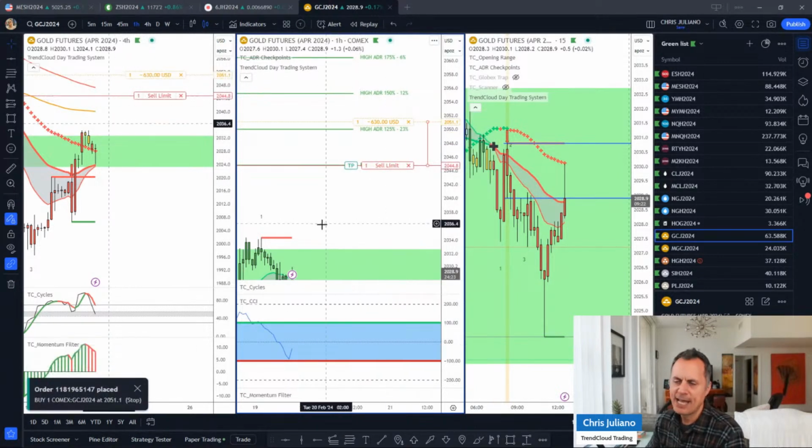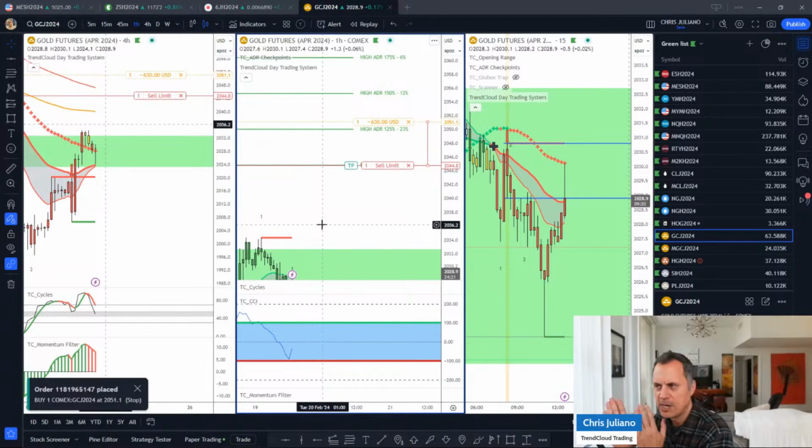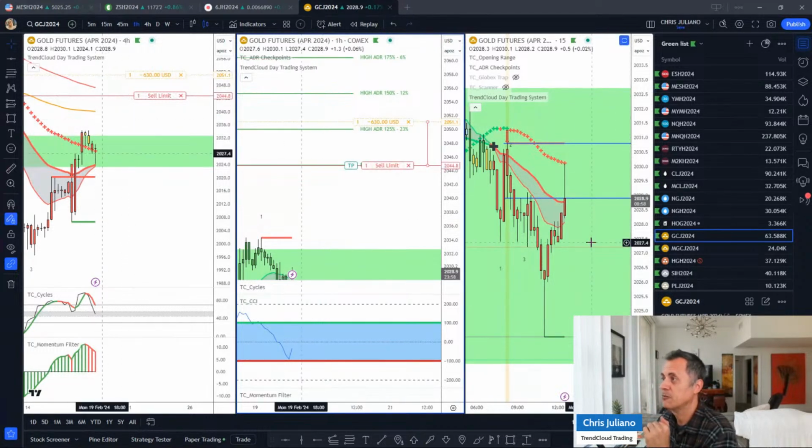So you would have to have enough money in the account for $630 to be an acceptable risk. If that is in your risk tolerance, then by all means, you've got a great chance here for a mega trend trade.